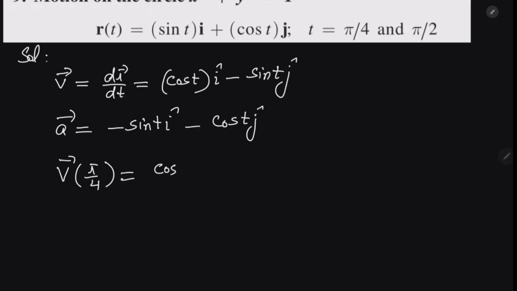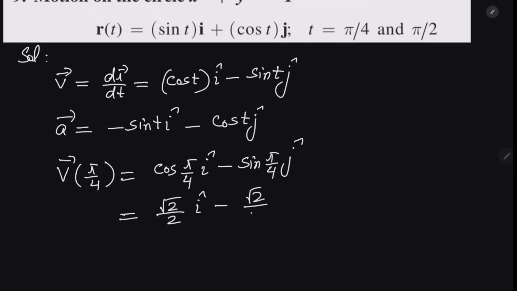Velocity at pi by 4 gives us cos pi by 4 i minus sine pi by 4 j. Cos pi by 4 is 1 by root 2, and that can be written as root 2 by 2 i, minus sine pi by 4 is root 2 by 2 j. So this is the velocity at pi by 4.